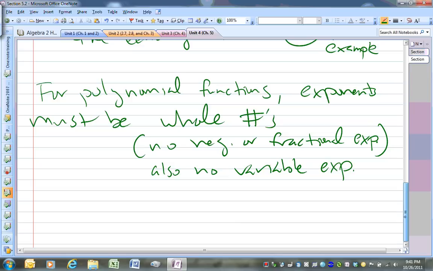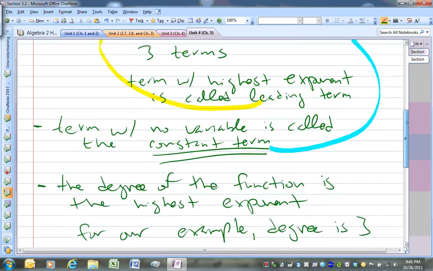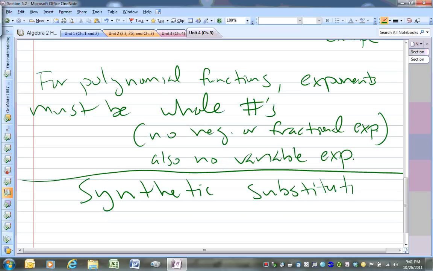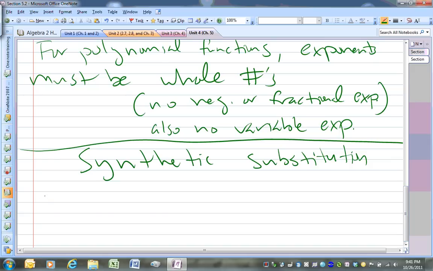So let's now move on to the next part of the lecture, which is about synthetic substitution. So let's say, for example, we had the following.